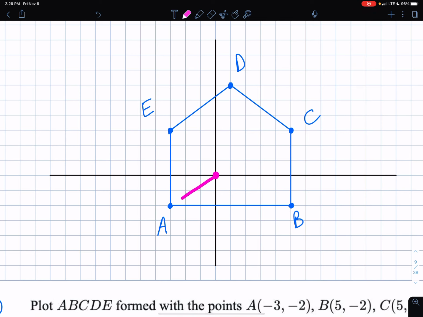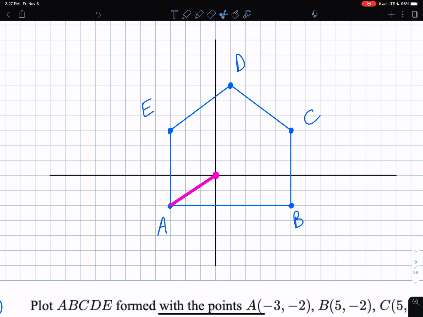I am now going to connect, we'll just go in order, so we'll go with point A first. I'm going to connect our origin and our point A. And when we connect these 2 things, you'll see I've got that diagonal pink line there. Basically the idea here is I need to figure out how to double the distance of that line.